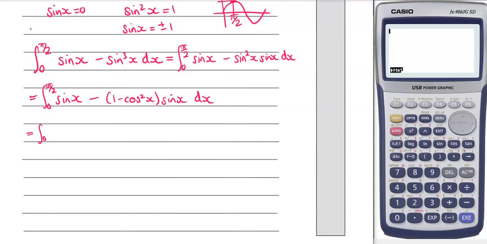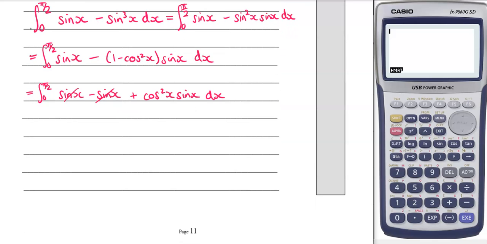And if we carry on working through this, we would get minus sine x plus cos squared x sine x. Okay, so the sine x cancels. We're just integrating cos squared x sine x.